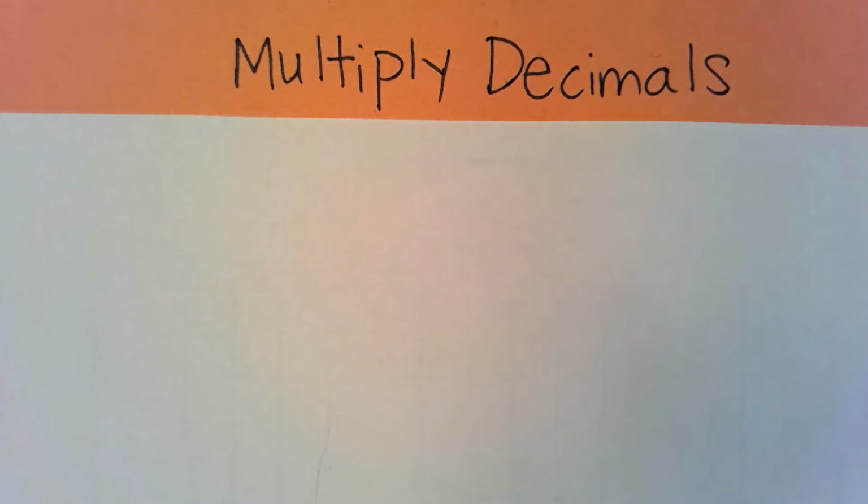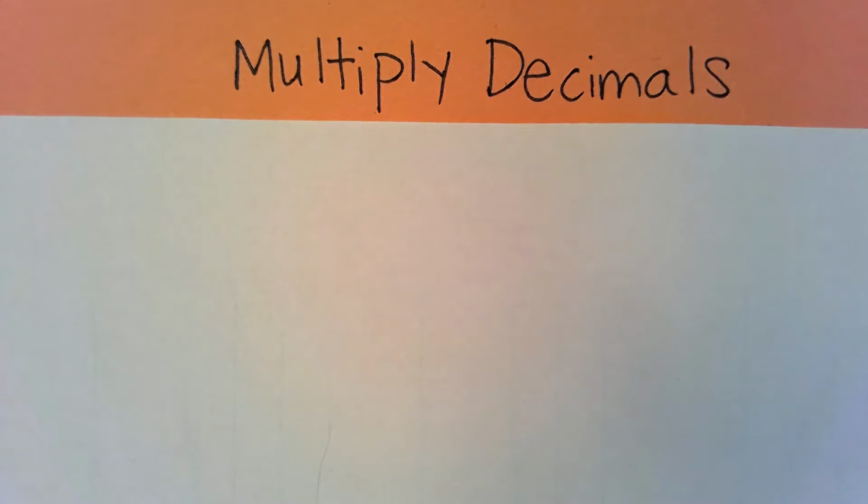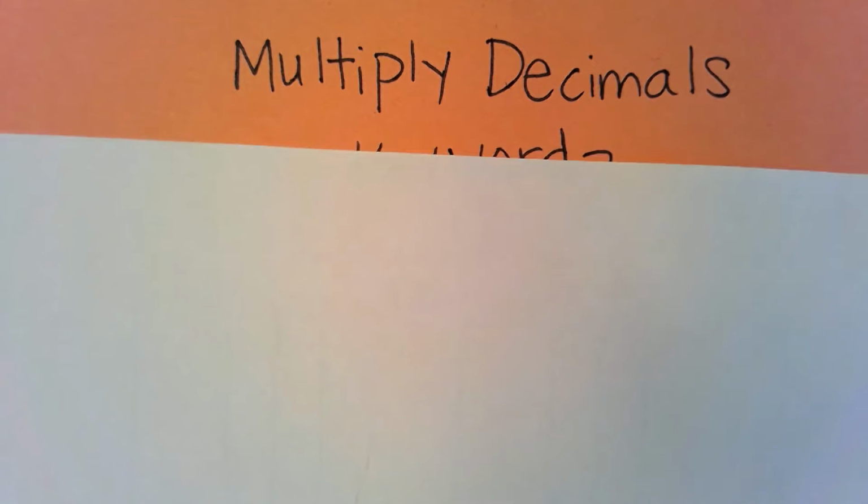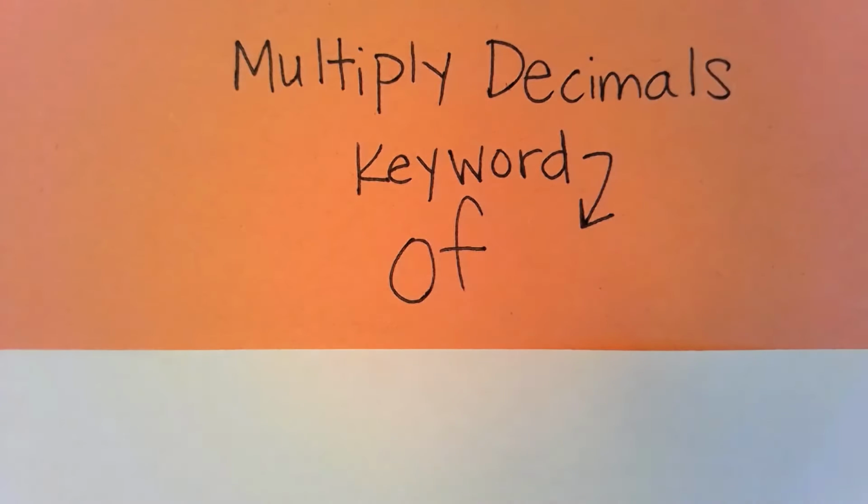And I like to say that this is one of the very shortest keywords. It's only 2 letters long, but it points us in the direction of the longest operation, which is multiplication, of course. The keyword that I am thinking about and talking about is "of." "Of" is so important for us to model multiplying decimals.